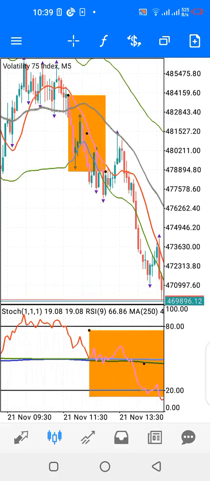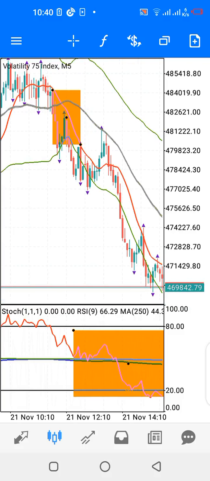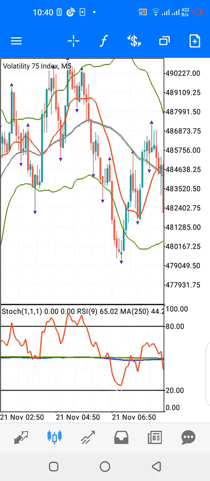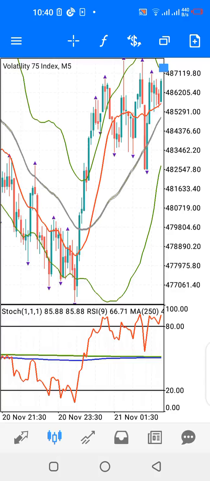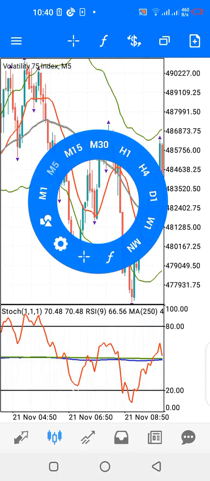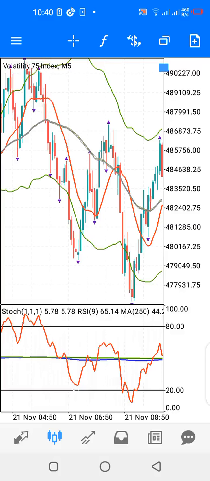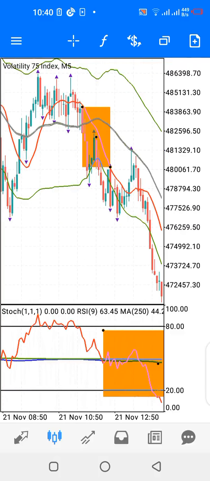So basically, when the 13 period moving average crosses down on the gray Bollinger Band, you sell. When it crosses up, you buy. There's a cross up here telling you to buy. So when you have a cross down, you sell. When you have a cross up, you buy. That's basically the essence of the main chart.